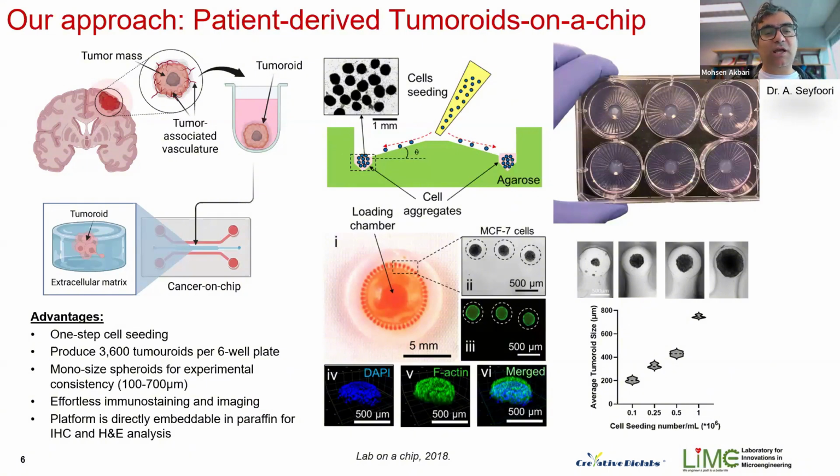The wells have a size in the range of 100 to 700 micrometers, which enables us to create tumoroids within the same range with high consistency.